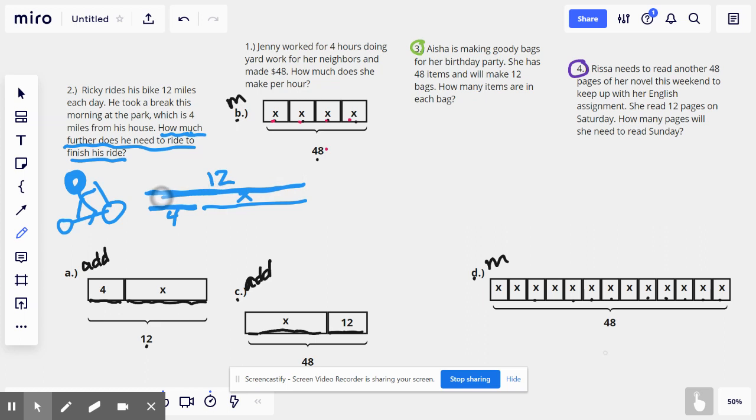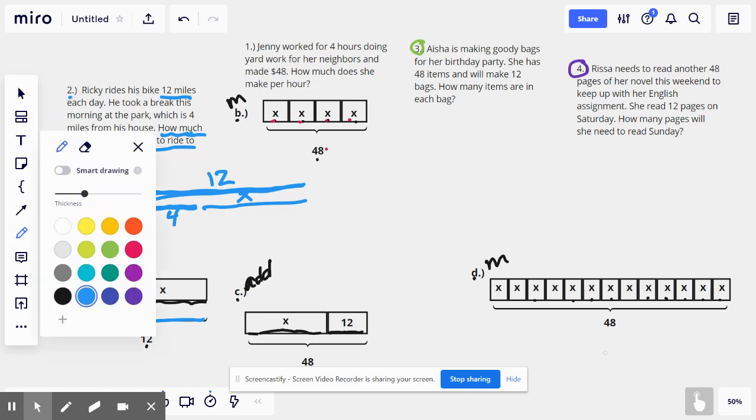The whole ride is 12. In diagram A, the whole length is 12. In C, the whole length is 48. It doesn't say he's going to ride 48. It says he's going to ride 12. So I am thinking that number 2 goes with diagram A. So that's what I'm going to say.